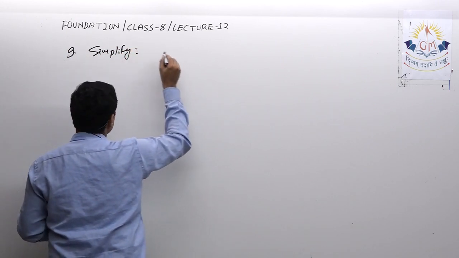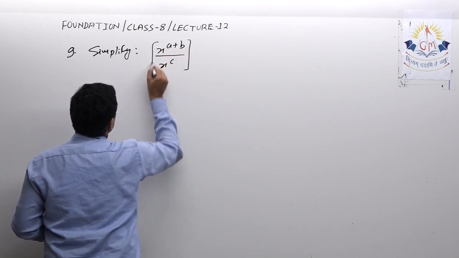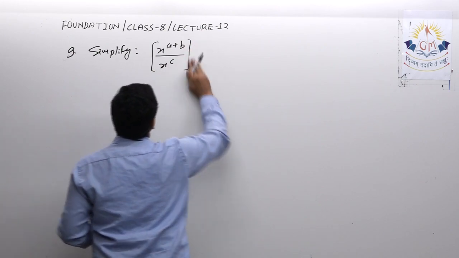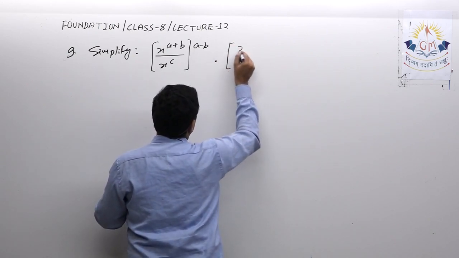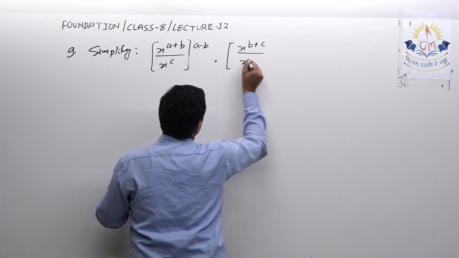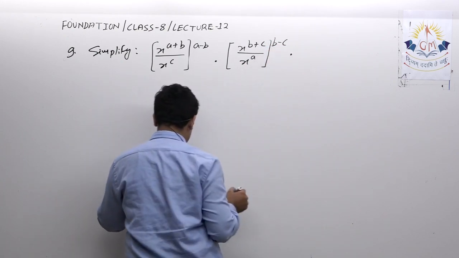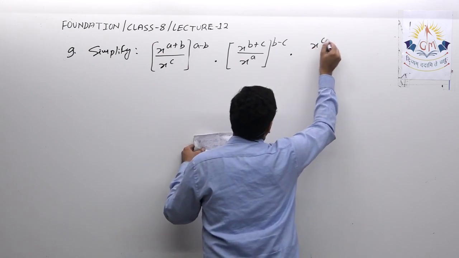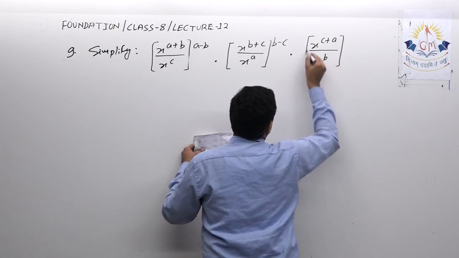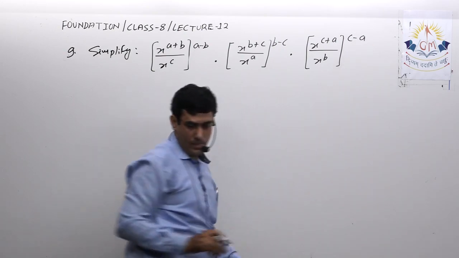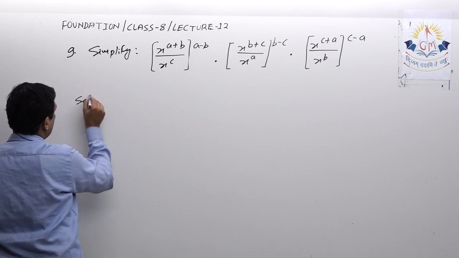Simplify x raised to a plus b upon x raised to c, raised to a minus b, multiplied by x raised to b plus c upon x raised to a, raised to b minus c, multiplied by x raised to c plus a upon x raised to b, raised to c minus a. Okay, so let us see its solution.